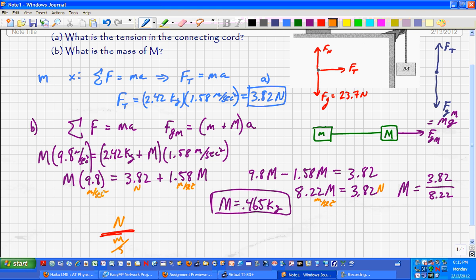That means this is a kilogram meter per second squared over a meter per second squared. So these cancel, and I'm left with kilograms. So yes, it does come out in kilograms. Good. All right, so we've taken care of the question. A little bit of algebra there, but we've got it all.